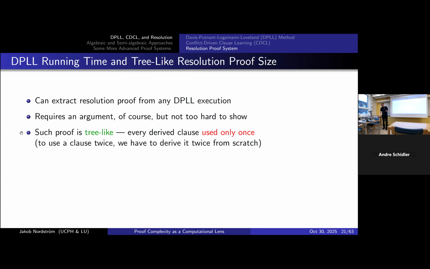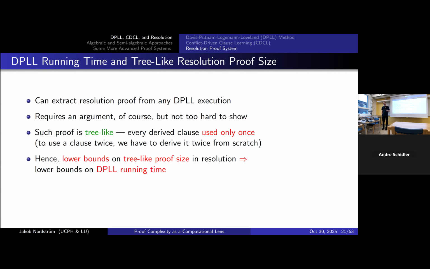This is called a tree-like resolution derivation. This means that if I can prove a lower bound on the size, the number of clauses in a tree-like resolution refutation of a formula, this gives me a lower bound on the running time of any DPLL algorithm, even one that makes optimal branching decisions. Does this make sense?